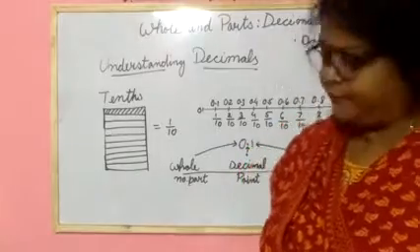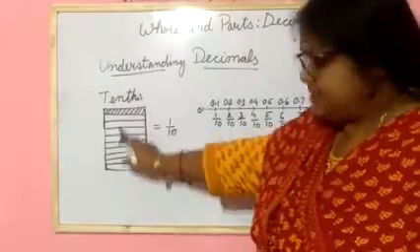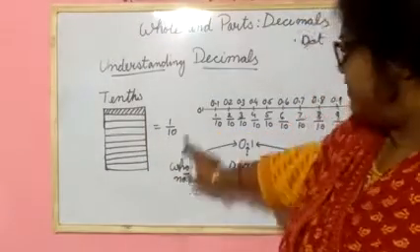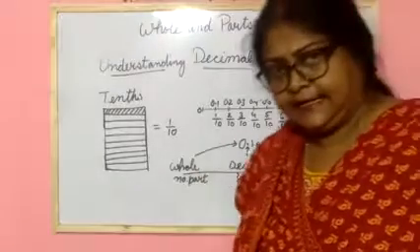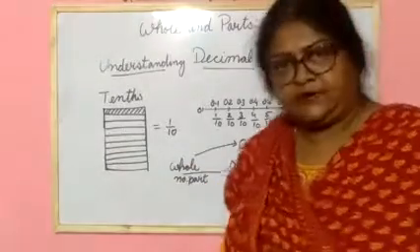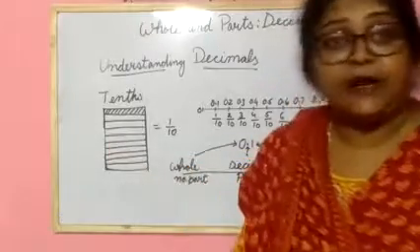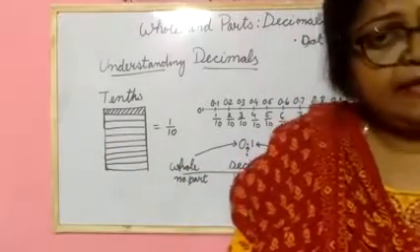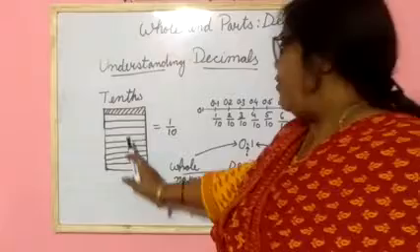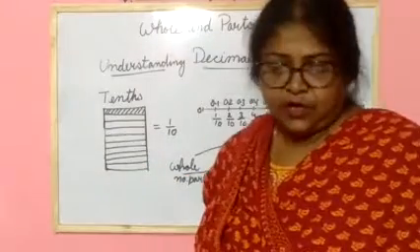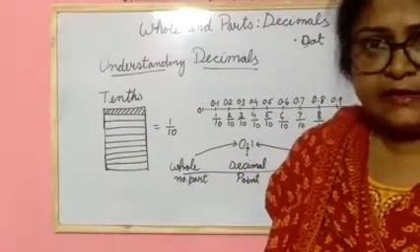Understood? If one part is shaded, what will you write? 1 by 10. If two parts are shaded, 2 by 10. If 3 are shaded, 3 by 10. If 4 parts are shaded, 4 by 10. Understood?